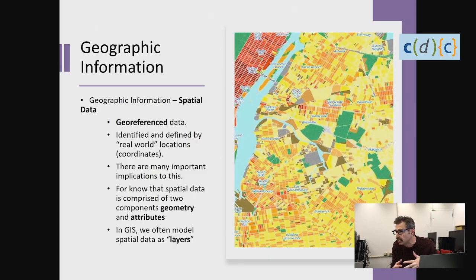So it isn't fundamentally considered to do with the actual location of the stuff that we're representing in the data. Traditionally, we refer to GIS data as layers, and I'll talk a little bit about why that is as well.